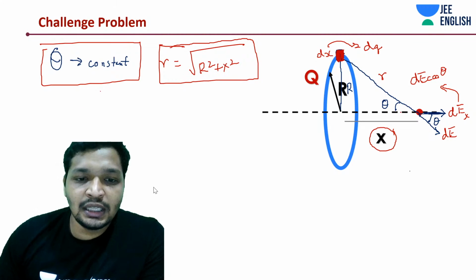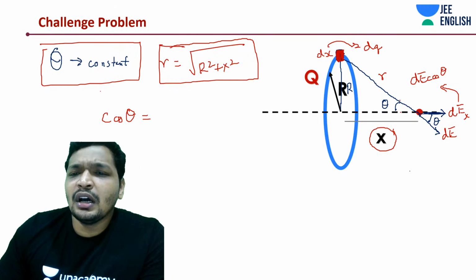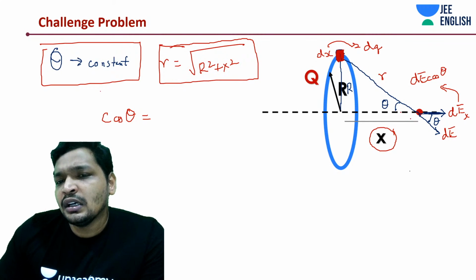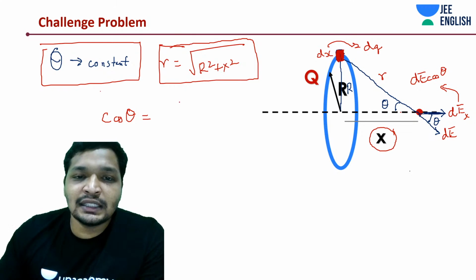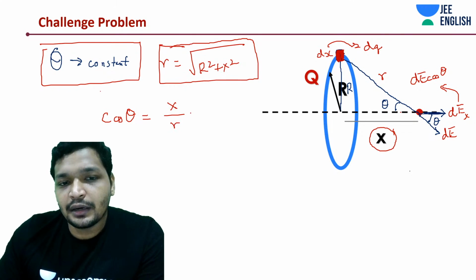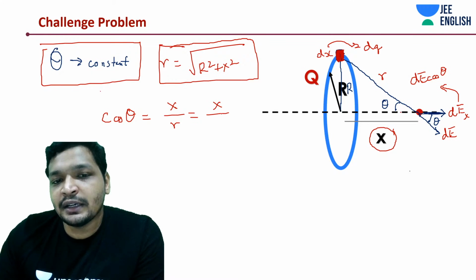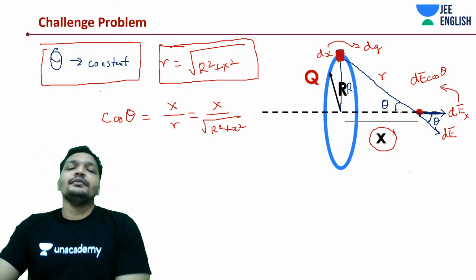Just before proceeding to the problem, some basic math that we want to write down. What is cos theta? That is adjacent by hypotenuse. Adjacent is x, divided by the small r. That is nothing but x divided by the square root of r squared plus x squared.